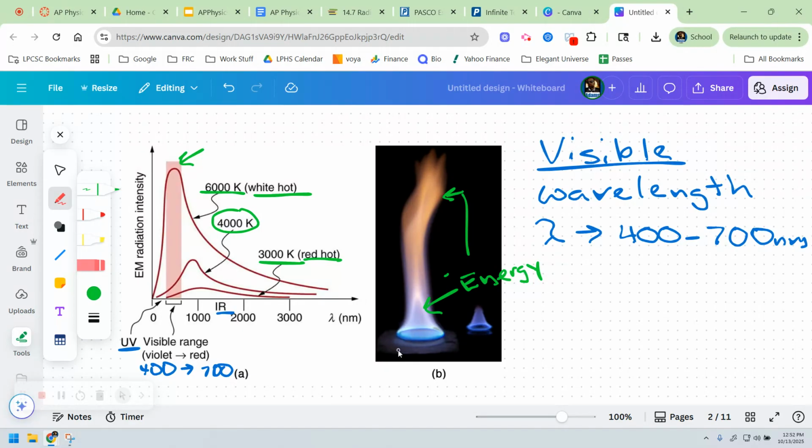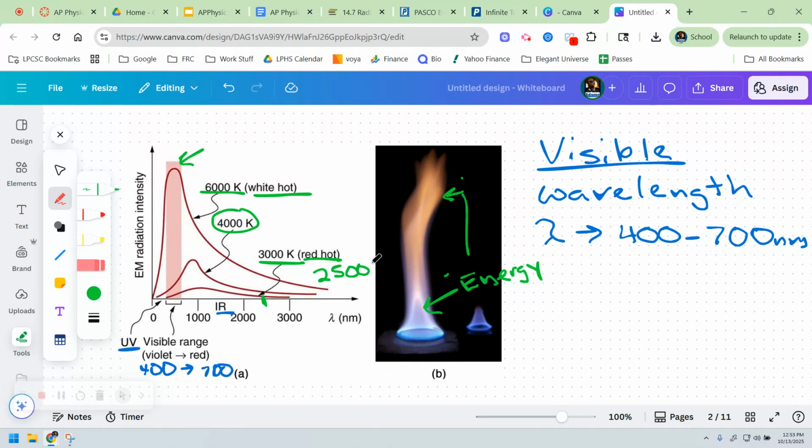So what they're saying is this, I should probably mention, frequency-wise, here at red hot, this is a higher frequency, so our wavelength is greater. When it's red hot, notice that our wavelength is around 2,500 nanometers.